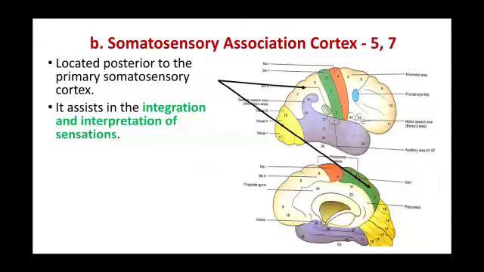So next we have the somatosensory association cortex, areas 5 and 7, located posterior to the primary somatosensory cortex. It assists in integration and interpretation of sensations.